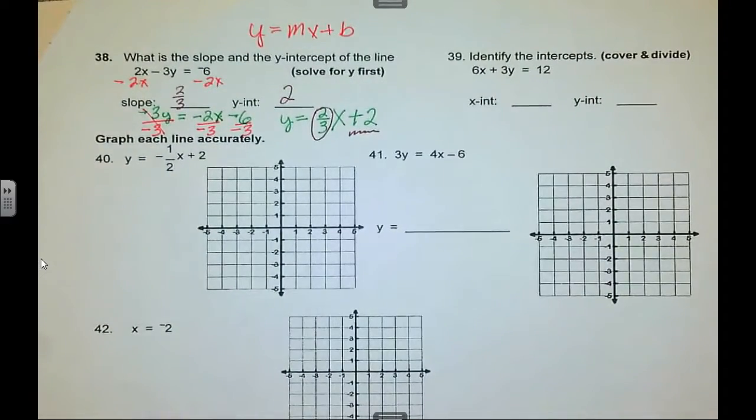39, there is a question on the final about x and y intercepts. Whenever we ran into a problem like this, we always just solve for y. I'm not even going to count it against you, to tell you the truth. We shouldn't even teach this anymore.